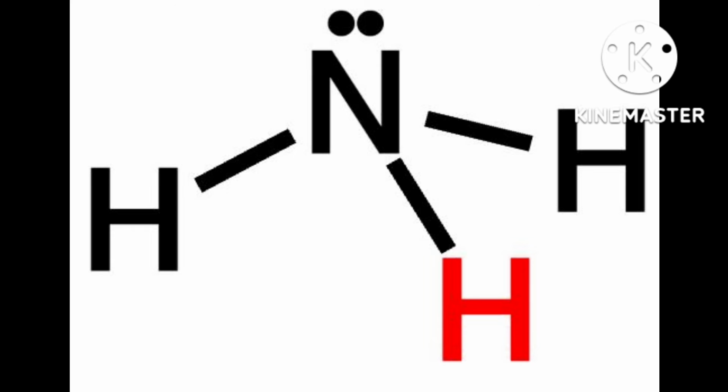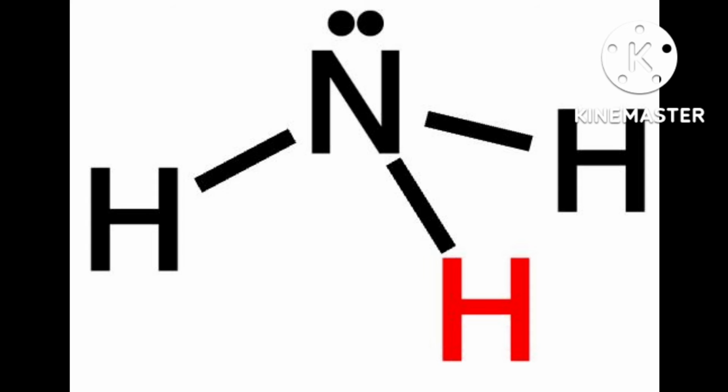Now listen to the explanation. The shape should have been tetrahedral if there were all bond pairs, but two lone pairs are present, so the shape is distorted tetrahedral or angular, you can say.